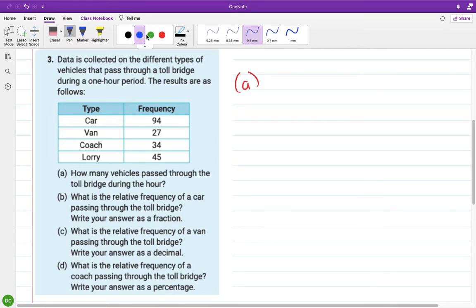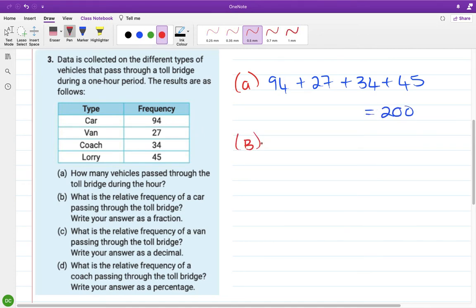So for part A, I have 94 plus 27 plus 34 plus 45, and I'm getting 200 for that, a total of 200 vehicles passing through. So what is the relative frequency of a car passing through? And we would like our answer as a fraction.